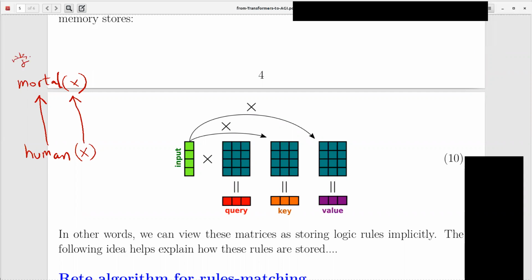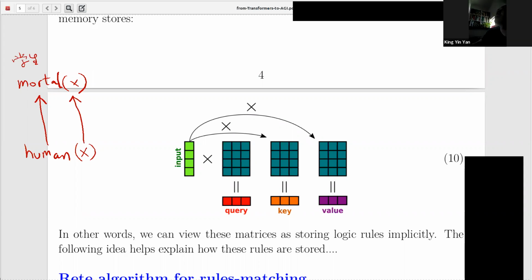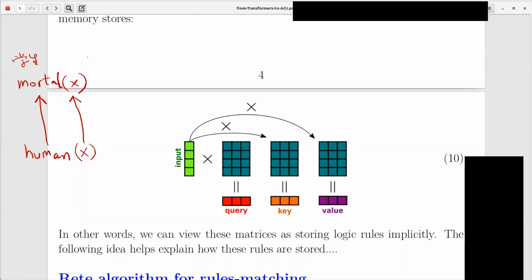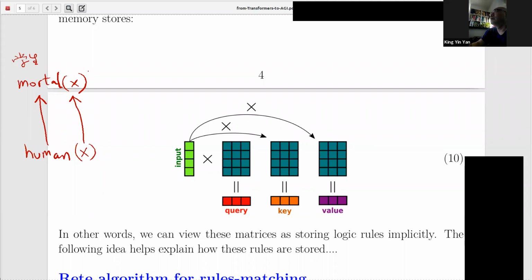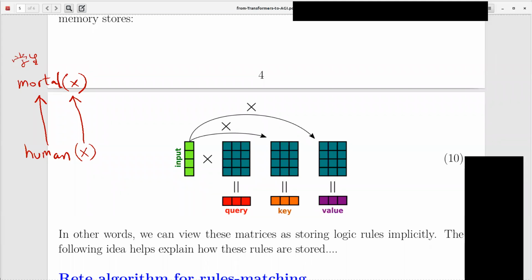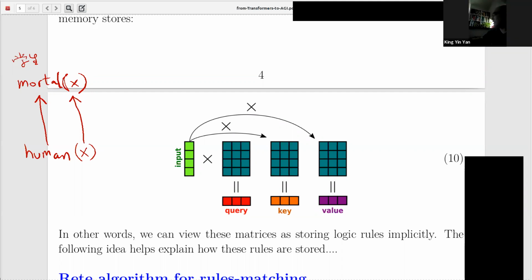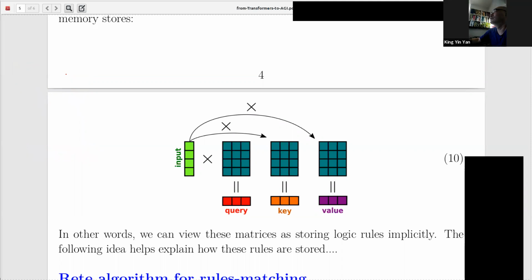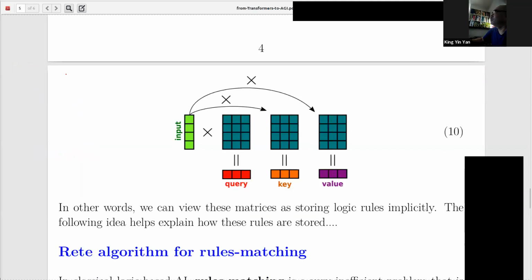So you first design one logic rule, then you define the key and value. It's kind of difficult, but you can just understand it as some kind of memory lookup. The whole self-attention is a memory lookup process.